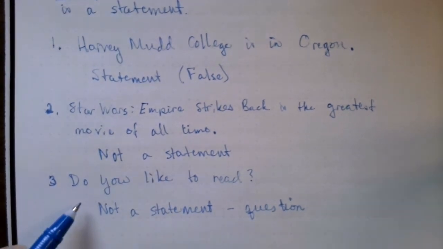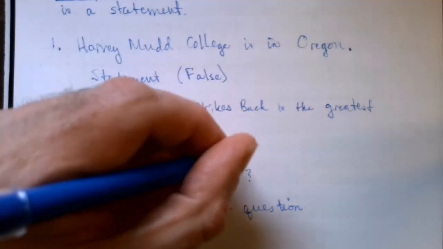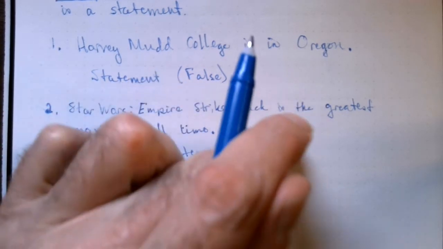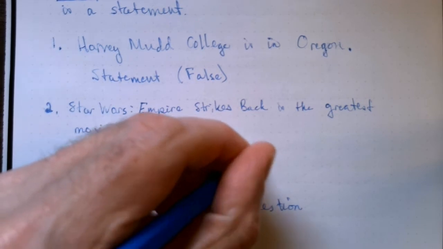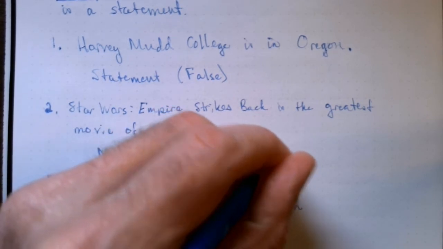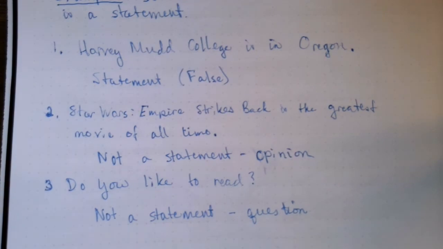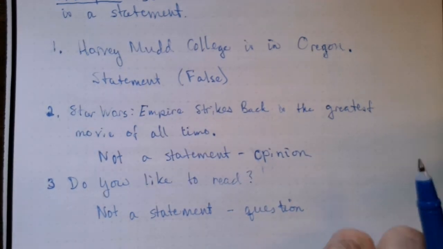So a statement has to be a declarative sentence, and we have to be able to assign it a definitive true or false value. So things like opinions are out. Okay. So statements will be the basic objects that we're going to work with in this unit on logic.